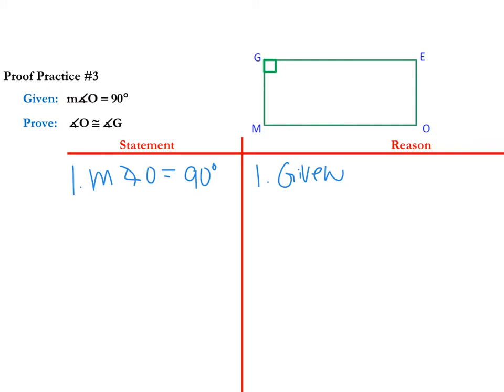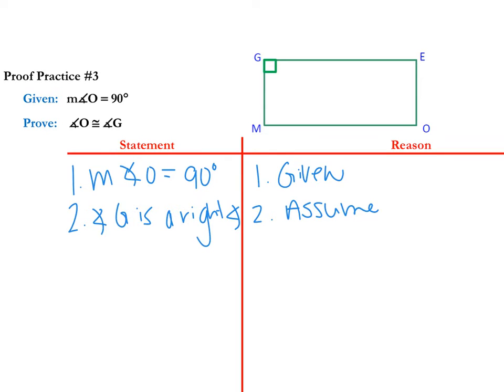Okay, we want to prove that O is congruent to G. Well, from the diagram, we can assume angle G is a right angle. And we would literally just write assume. Why can we assume that? Because there's a little angle box, or a little right angle box at angle G.